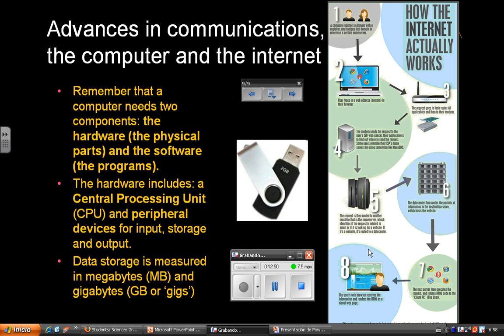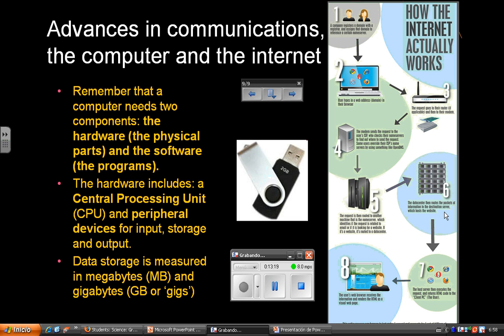Number 5, the request is then routed to another machine that is the name server, which identifies if the request is related to email or if it is looking for a website. If it's a website, it's routed to a data center. Number 6, the data center then routes the packets of information to the destination server, which hosts the website.